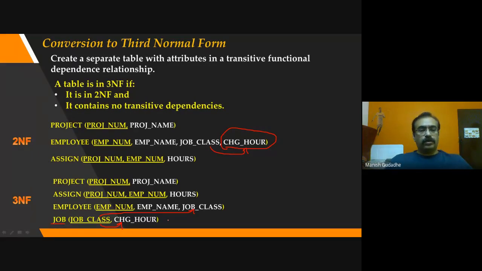Okay. Now you see the first table which we had was brought into a single table of first normal form. Then it was converted, to avoid partial dependencies, into three tables, and to avoid transitive dependency, further decomposition has happened, and we are now having four tables.